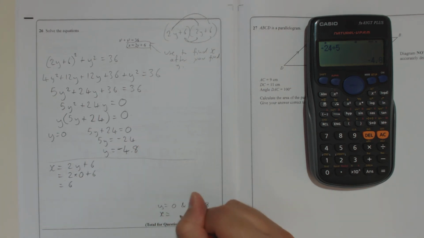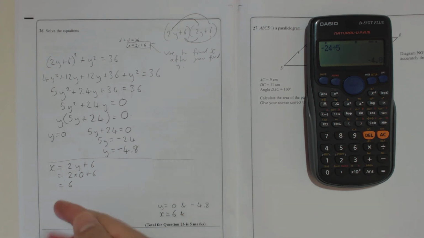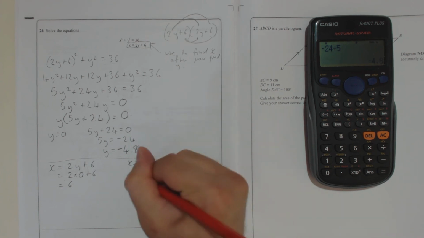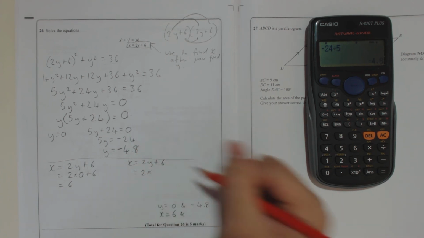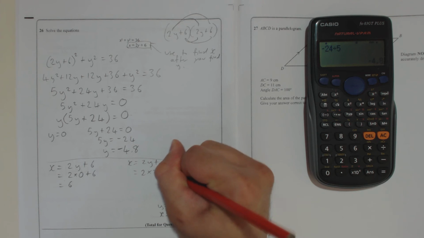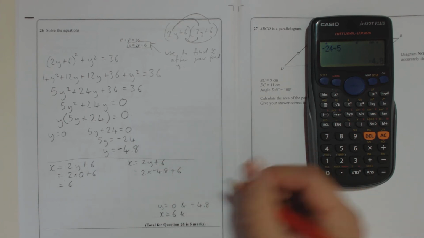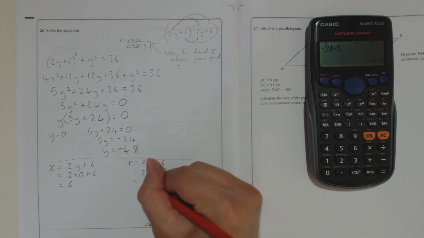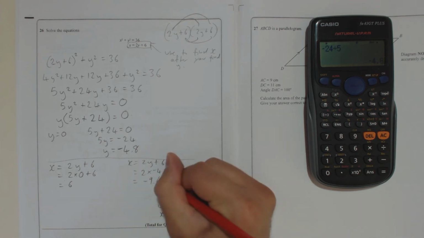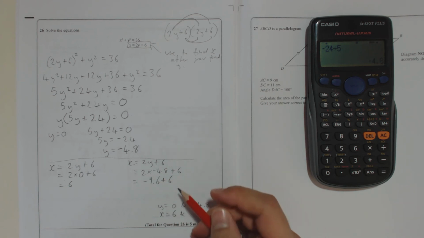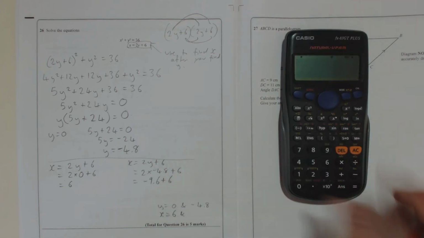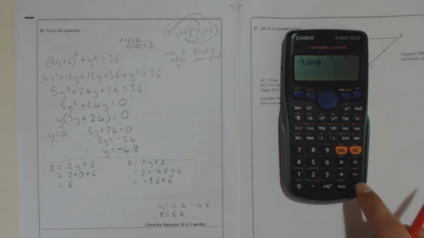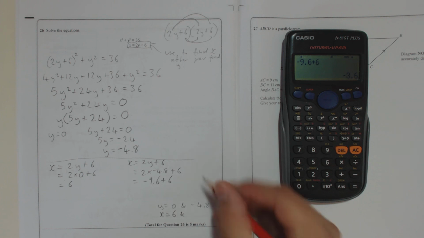Now we've got to find the other one. x equals 2y plus 6 equals 2 times minus 4.8 plus 6. 2 times minus 4.8 is minus 9.6, plus 6. Remember, use your calculator. Minus 9.6 plus 6 is minus 3.6.